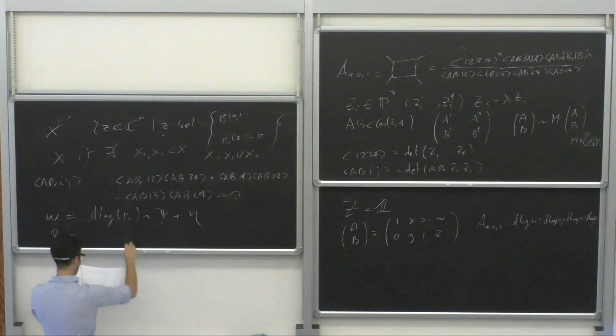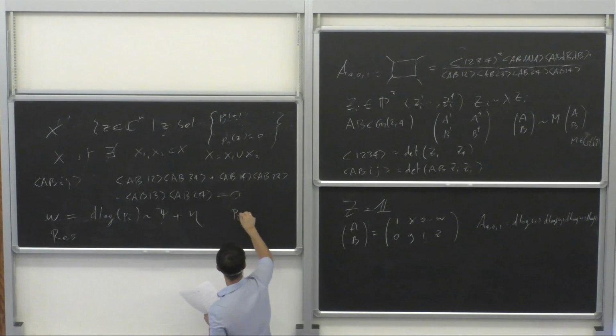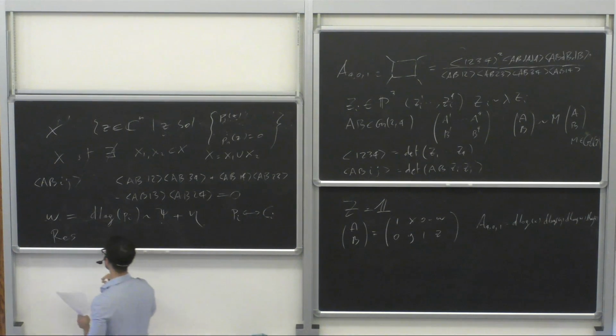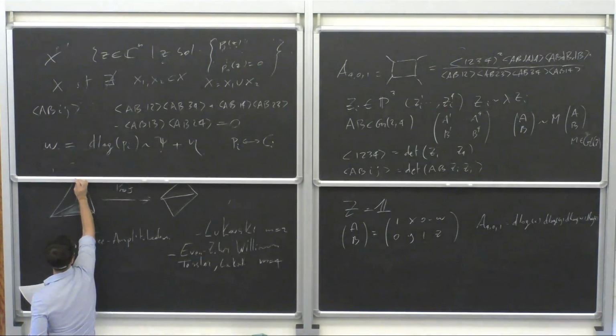So there is a correspondence between polynomials and irreducible varieties. If I have a polynomial pi, I can associate an irreducible variety ci. And I want to define residues. Maybe it's better if I write it on another blackboard.